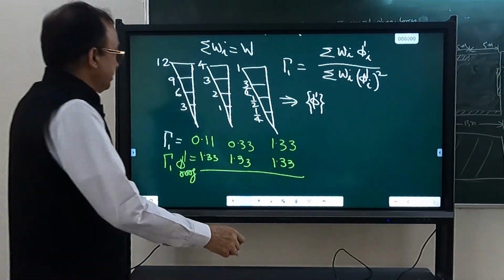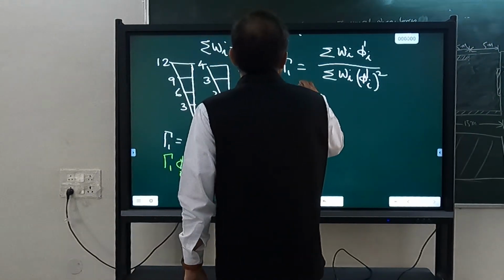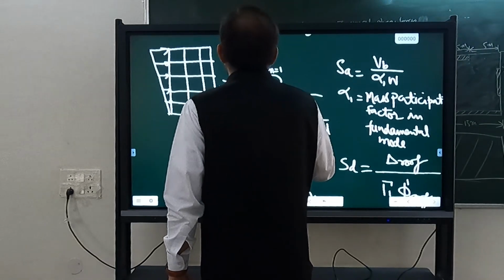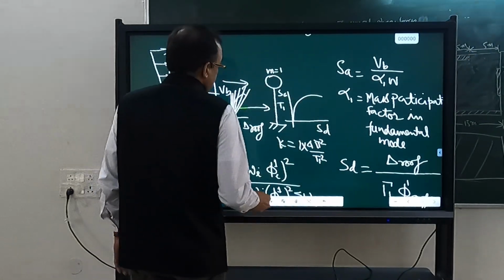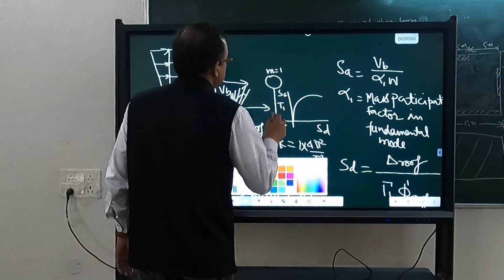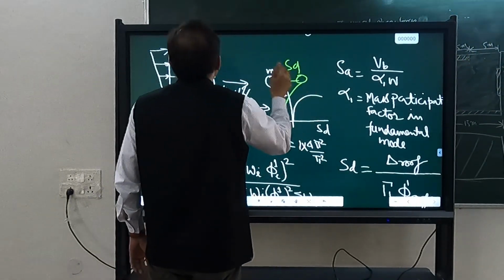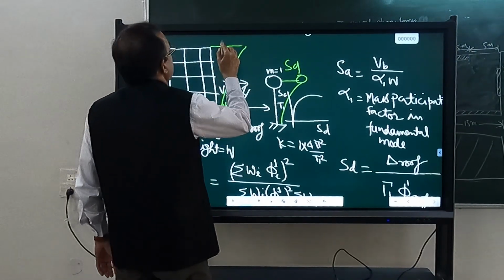And what is it actually representing physically, this gamma 1 phi 1 roof? It is representing the relationship between the displacement you are getting here to the displacement you are getting here.